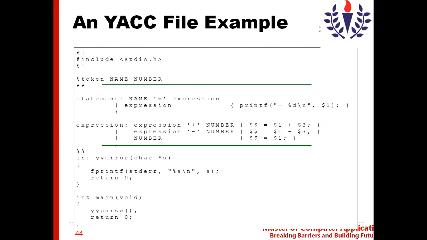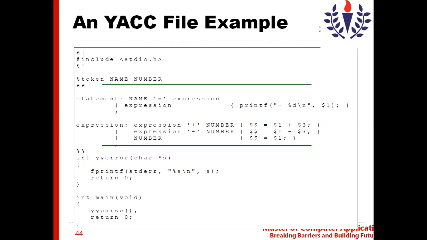So the number is matched. Once the grammar is matched, RHS will be replaced by LHS. Token number is the RHS, and that can be replaced by the LHS. What is LHS? Expression.